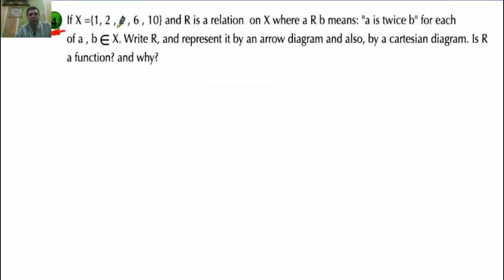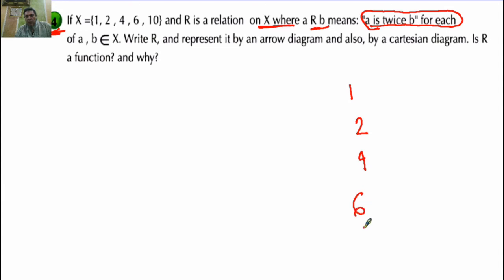Number 4. If X is the set 1, 2, 4, 6, and 10, and R is the relation on X, from X to X, where A R B means A is twice B. The elements of X are 1, 2, 4, 6, 10.